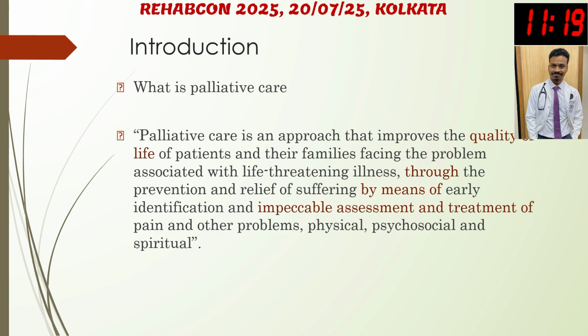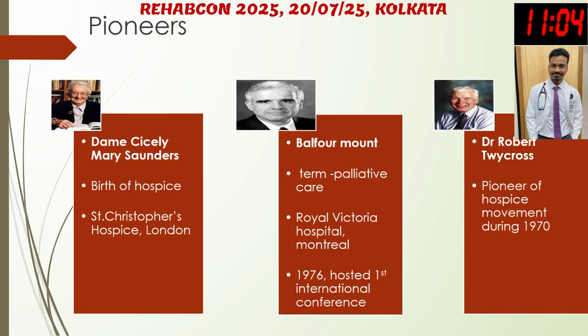The concept of palliative care started early in the 1930s when there was a lot of medical neglect against people who were critically ill and dying. It started with various pioneers in palliative care. I'll discuss a few names, first among which is Dame Cecily Mary Saunders. She started the modern palliative care movement.